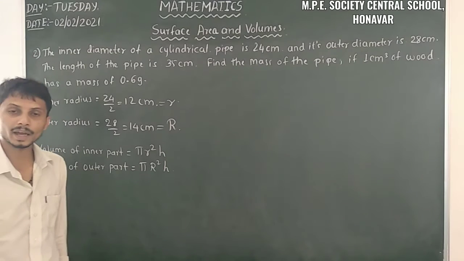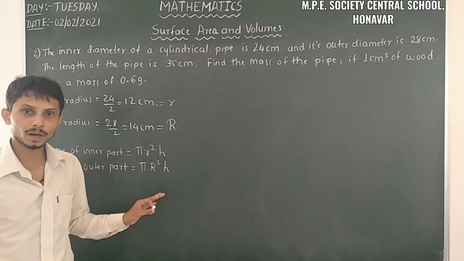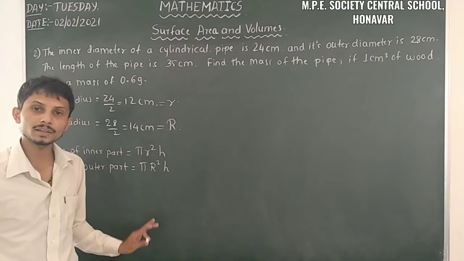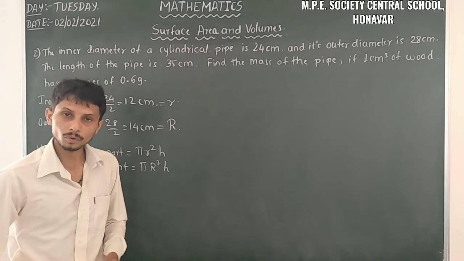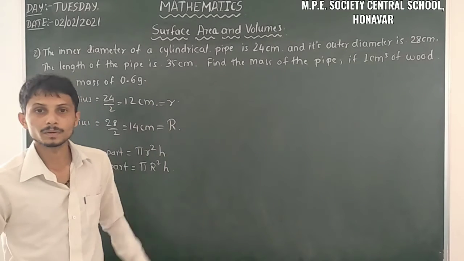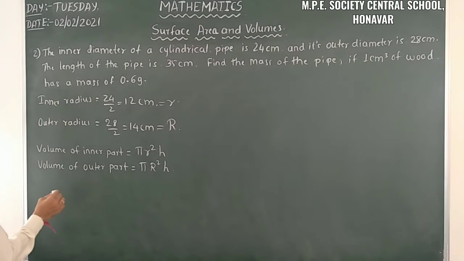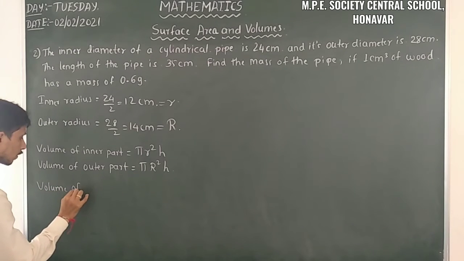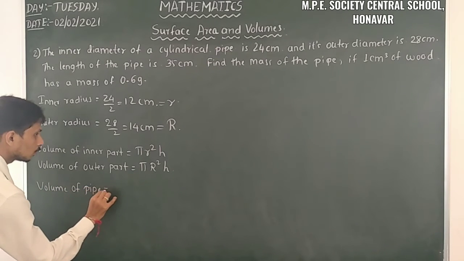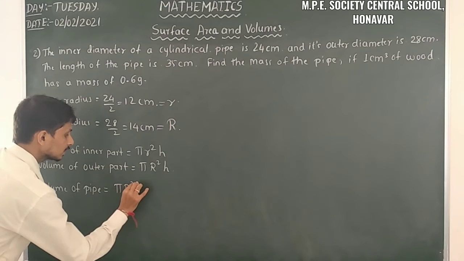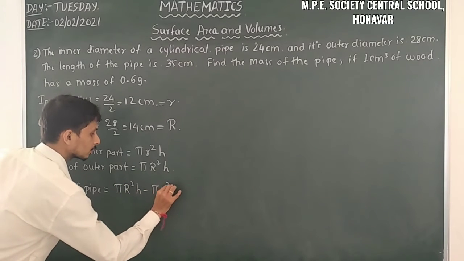Then we have to subtract the volume of the inner part from the volume of the outer part, then we get the volume of the pipe. So volume of the pipe is equal to pi R square h minus pi r square h.